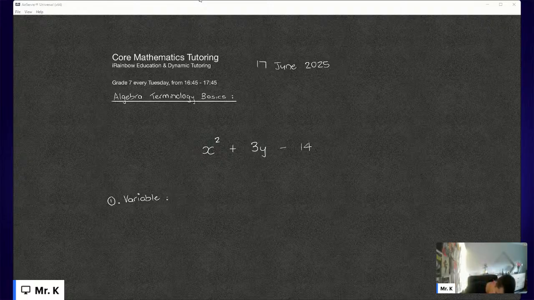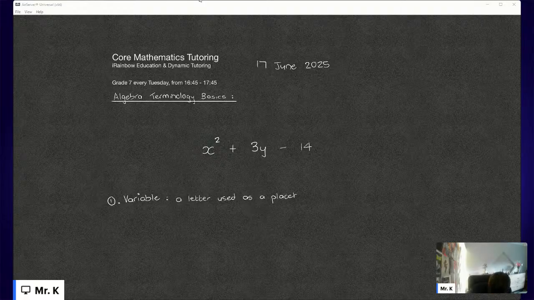So a variable is a letter used as a placeholder to represent an unknown value.